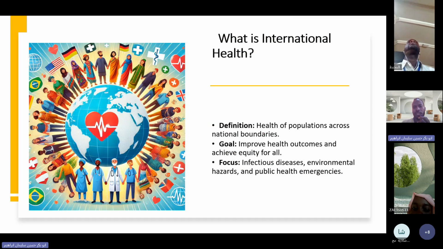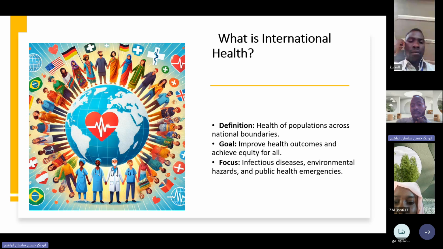Now you can see the definition of international health. It means the health of the population around the nation's borders and boundaries. That means how you can let the people in different countries like Sudan, Egypt, Chad and Saudi Arabia be safe, to save their health.